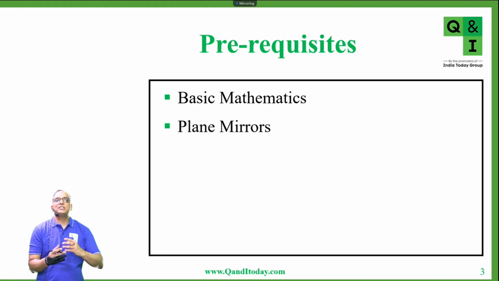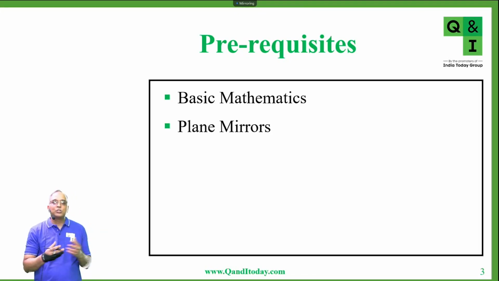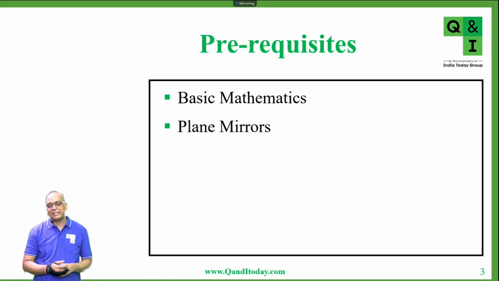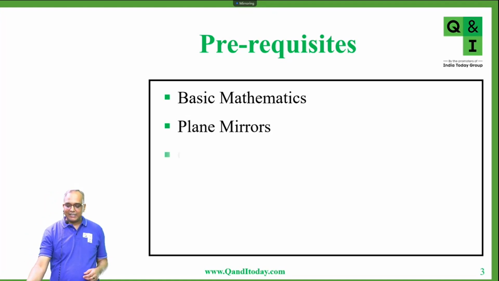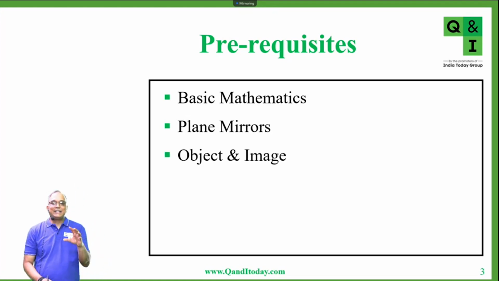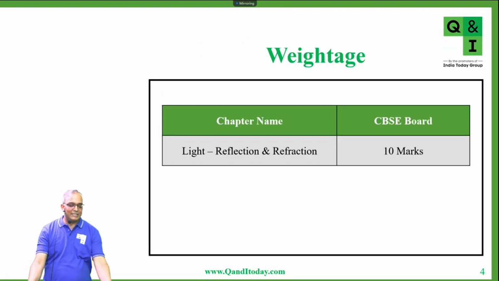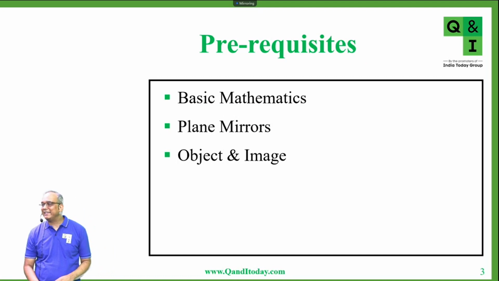In today's class, we'll recapitulate all those concepts, because understanding the law of reflection on plane mirror helps you understand the law of reflection for curved mirrors, spherical mirrors as well. Third, we will understand the concept of object and image. These are the three prerequisites which would be needed for you to understand the chapter well.